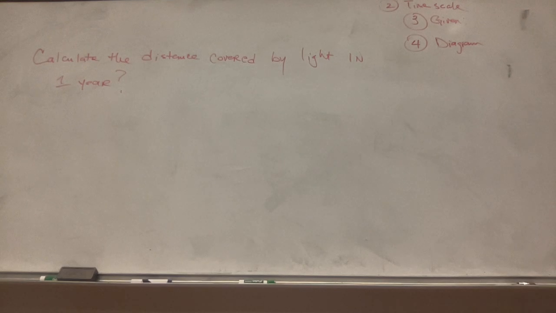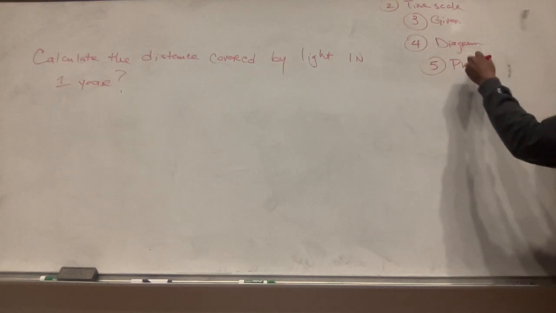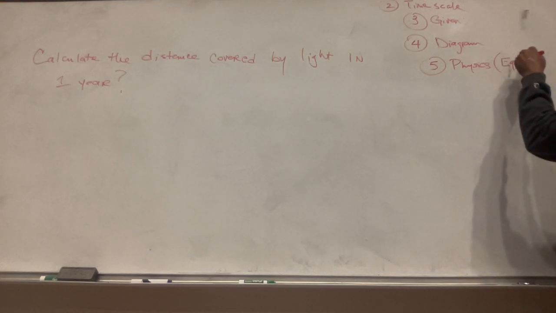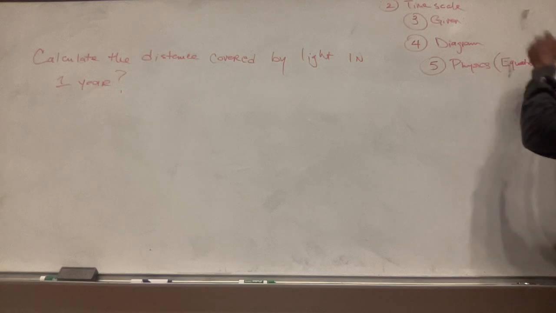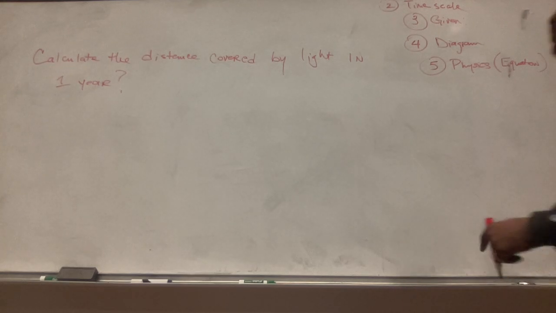The 5th step is the physics, the equation. What's the equation? Oftentimes we jump to number 5, right? That's the first thing we want to do. Instead of having no understanding of the problem, we want to know what the equation is. And oftentimes we think about the wrong equation because we don't have a clear understanding of what the problem is asking for. That's why it's important you do these steps.